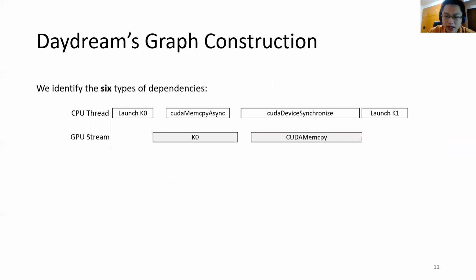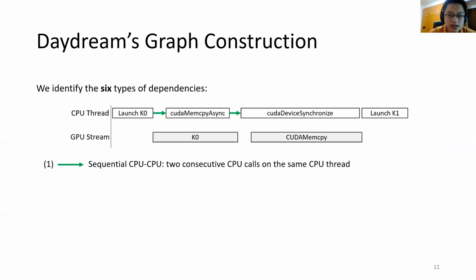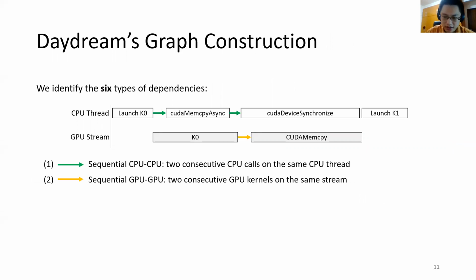so that Daydream can accurately replay the execution. First, 2 consecutive CUDA APIs on the same CPU thread will have a dependency between them. Second, similarly, 2 consecutive GPU kernels or CUDA memory copies on the same GPU stream will have a dependency between them.